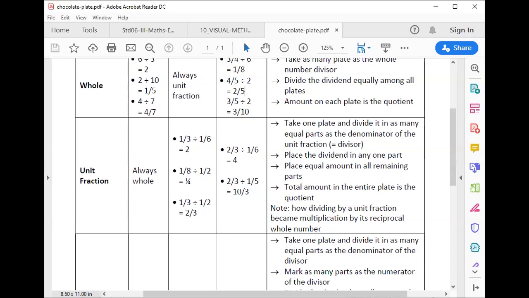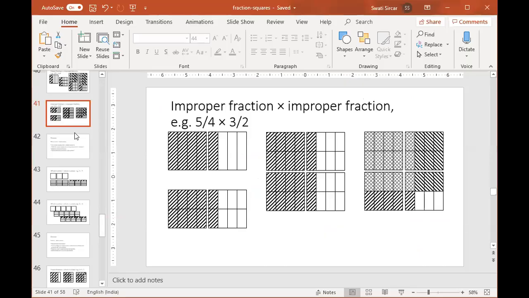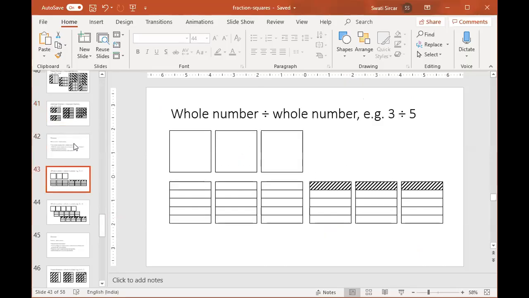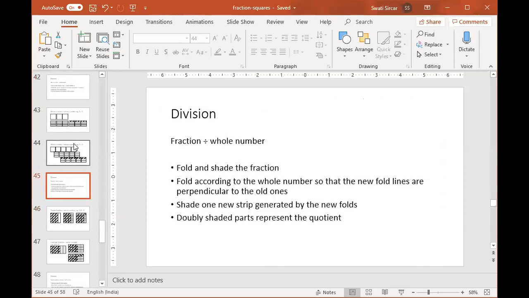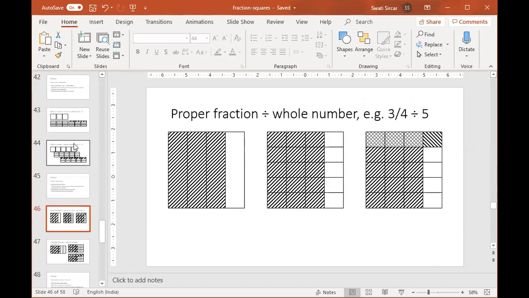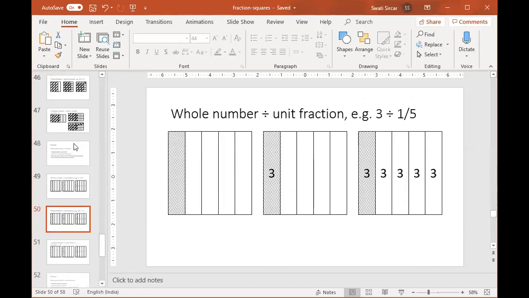Maybe I should show this with pictures. So here you are dividing a whole number by a unit fraction.